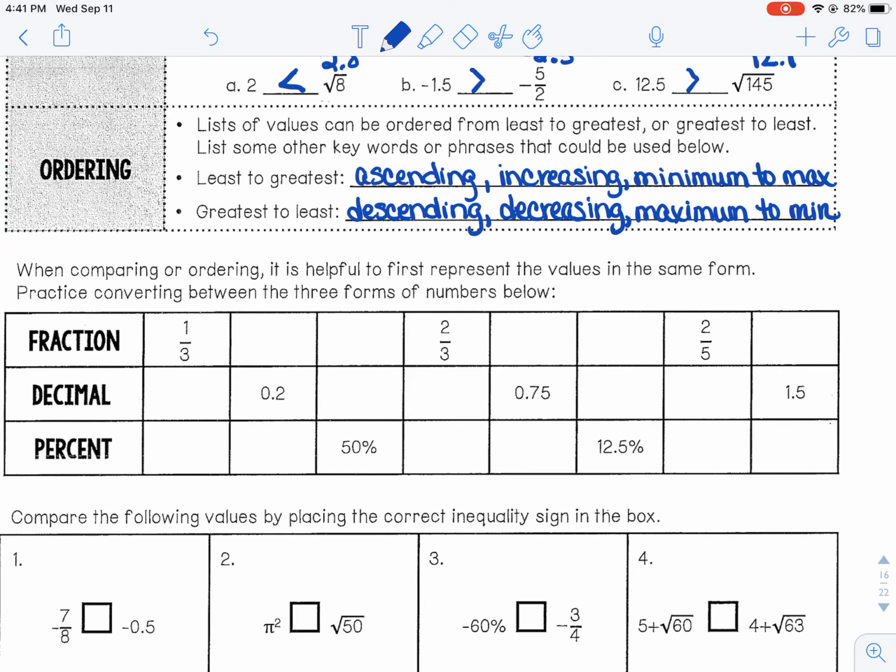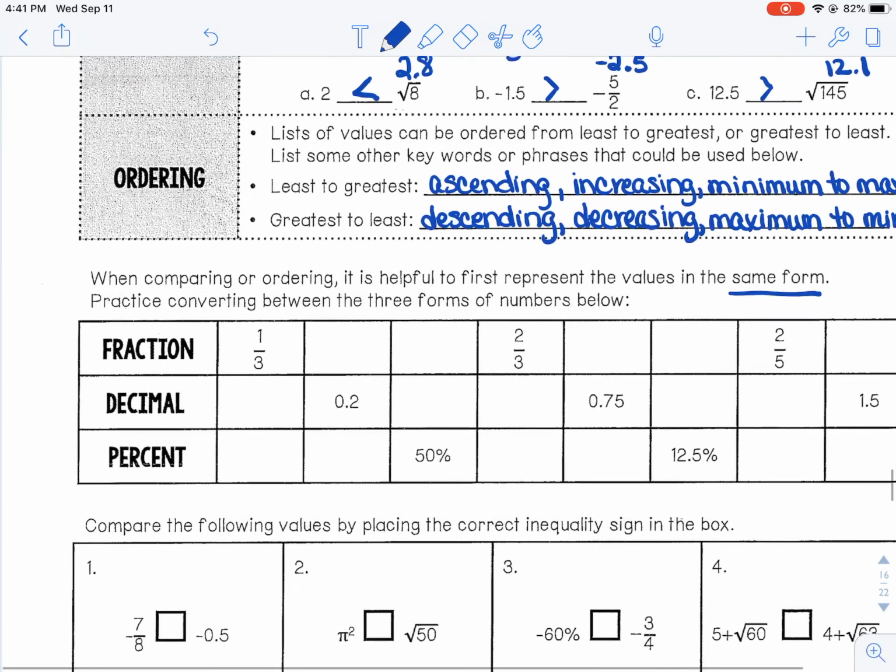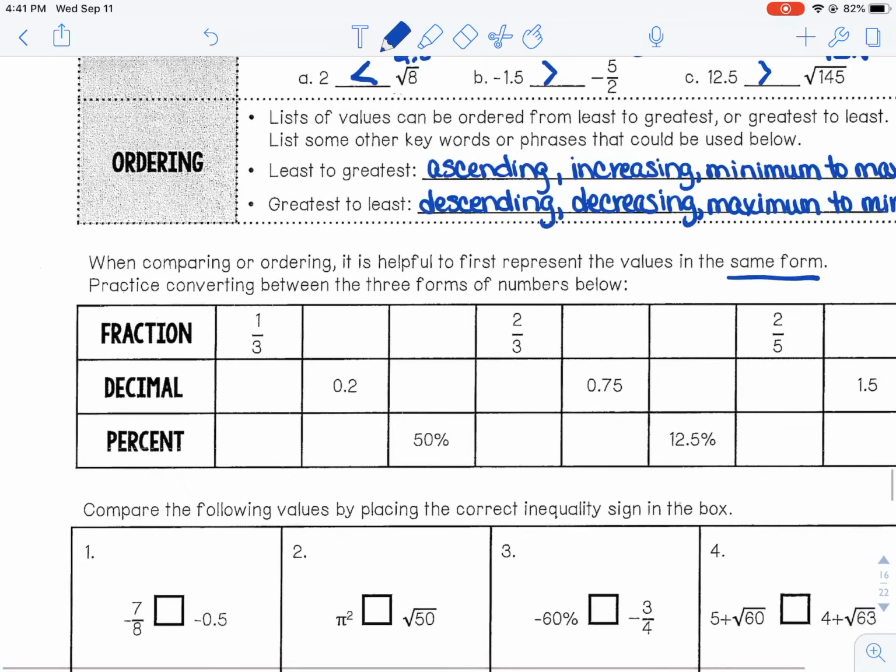So, like I was discussing earlier, when I'm comparing values, they need to be in the same form. You did a lot of changing things from fractions to decimals and decimals to percents back in 6th grade and 7th grade and earlier in this unit. To change a fraction to a decimal, chop down the tree. So 1/3, the 1 will fall into the house, the 3 will be on the outside. 3 goes into 1 0 times, but it goes into 10 3 times.